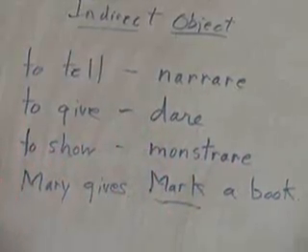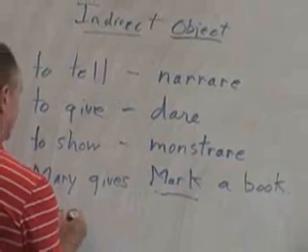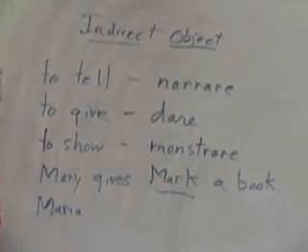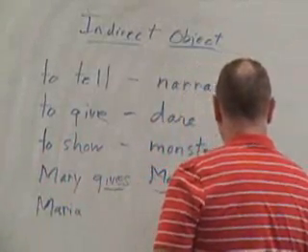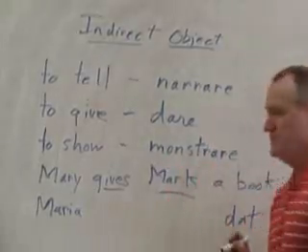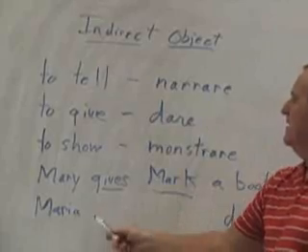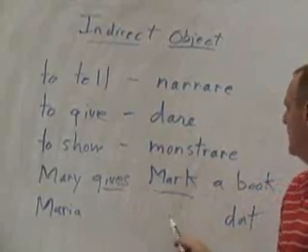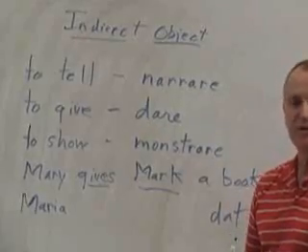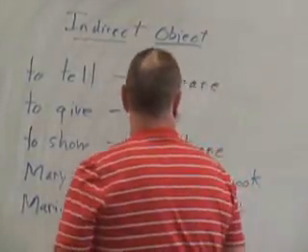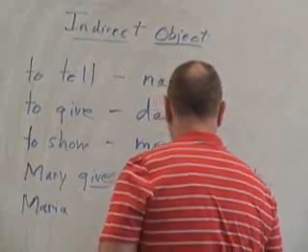How does this play out in Latin? Mary's the subject, so we're going to put her Maria. First declension noun, Maria. The verb gives is dat, and I'm going to leave some space here because the Romans like to do it this way. They like to put subject, indirect object, direct object, and then verb. They don't have to do it that way, but they prefer to do it that way. Now, here's our direct object, and direct objects go in the accusative case.